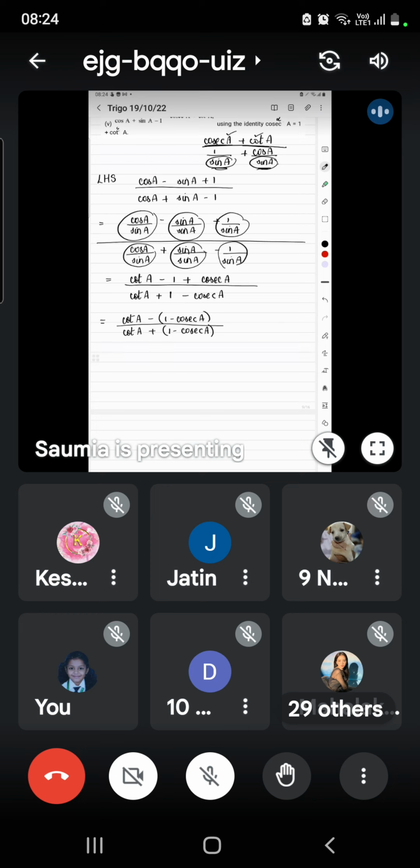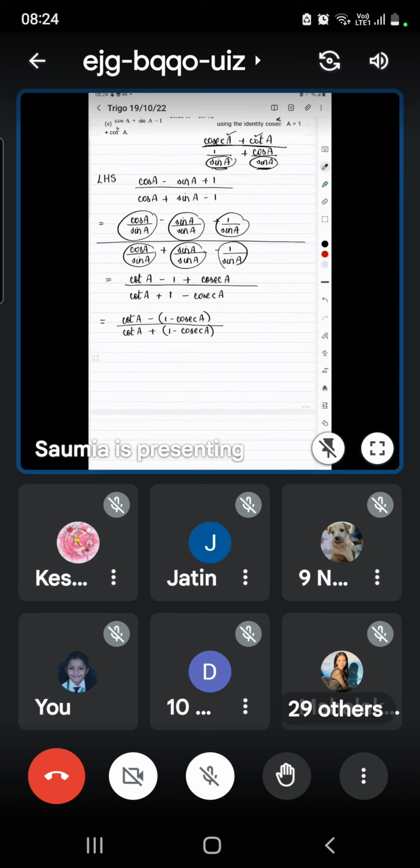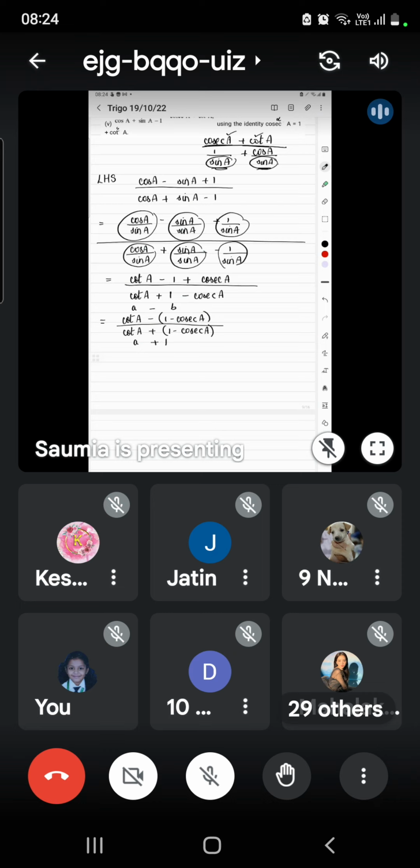Have I? No. Yeah. I wrote this in a particular way because I wanted to get A minus B at the top and A plus B at the bottom. That is the reason why I wrote like this. Now what should I do? Tell. This is enough of a hint.